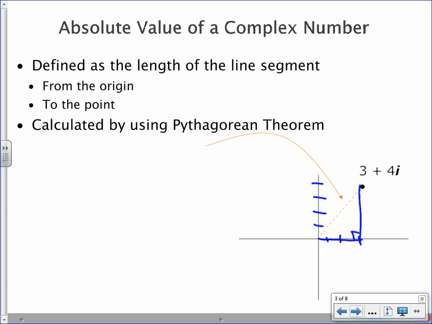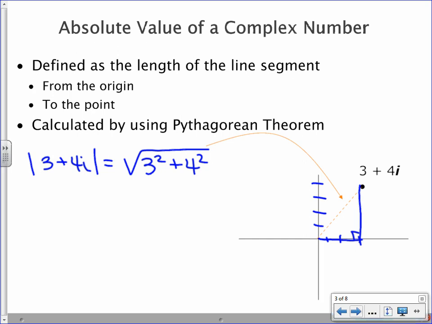So to find our absolute value, we're going to use the Pythagorean theorem: square root of 3 squared plus 4 squared. Does that look familiar? It looks like how we calculate magnitude, doesn't it? Is this a vector?